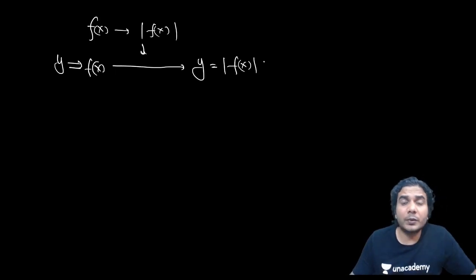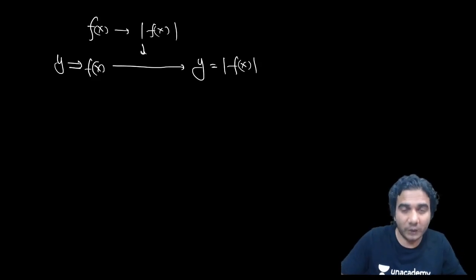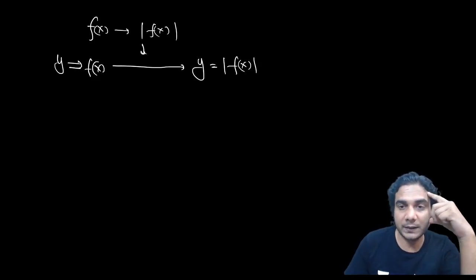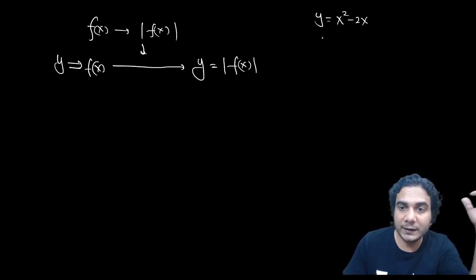You're not putting mod on x, you're not putting mod on y, you're putting mod on the whole expression of x. Like if you have y is equal to x square minus 2x, then putting mod on f(x) means you're putting mod on this: mod of x square minus 2x.